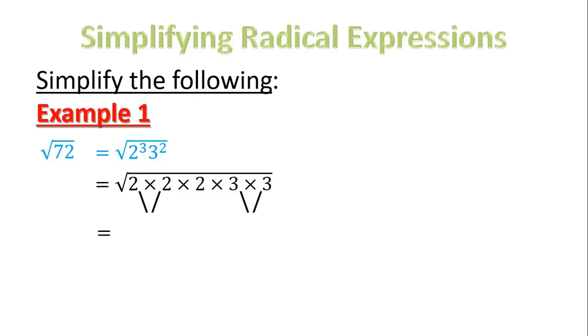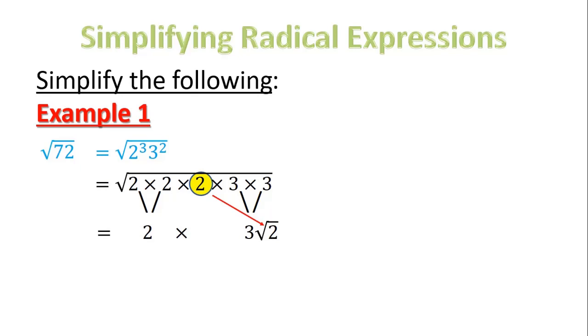That equals our 2 times 2 that we've paired times our 3 times 3 that we've paired, and now whatever we haven't put in a pair we put back under the square root sign. In other words, we take that 2 that's all by itself, we take our square root, and we put our 2 under the square root.